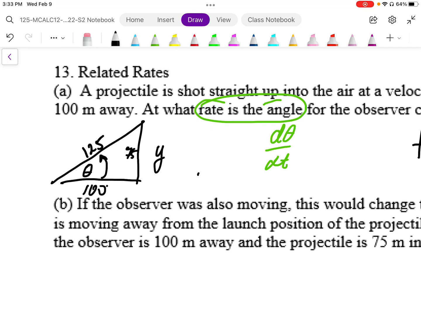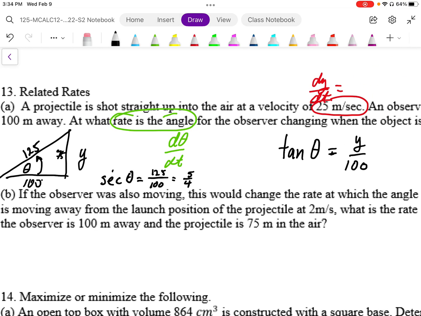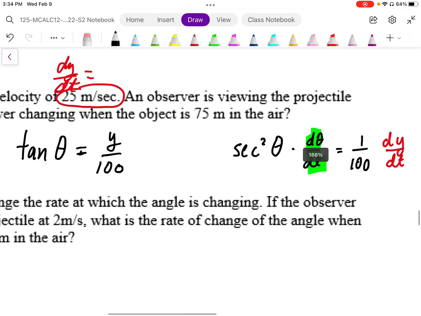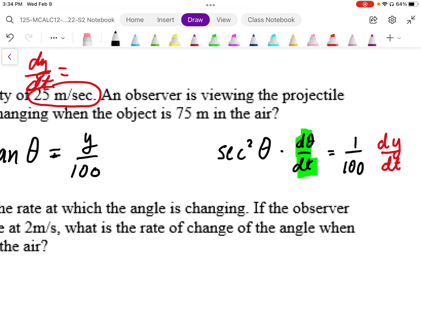Well, based on my secant ratio, which again, I'm avoiding finding the theta because I don't have to, because I really just need the secant ratio. The secant ratio is going to be hypotenuse over adjacent. Okay, so that simplifies to 5 over 4. So instead of solving for theta, which I just as well could have, I'm just going to replace the secant squared theta with 5 over 4 squared.